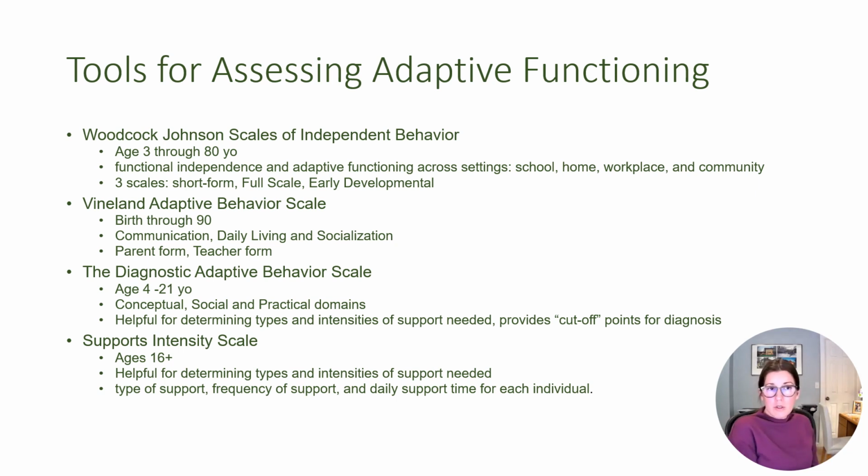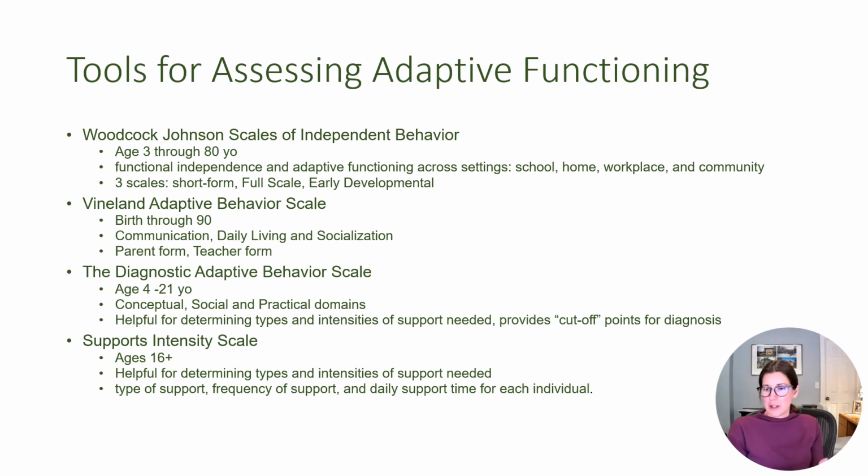So one of the first tools that I want to review is called the Woodcock-Johnson Scale of Independent Behavior. This is a tool that was developed and is normed or evaluated in folks ranging from as low as age 3 up through 80 years old. It assesses functional independence as well as adaptive functioning across the settings that we mentioned before: home, school, workplace, and community. And there's 3 scales, which include a short form, a full scale, and an early developmental scale.